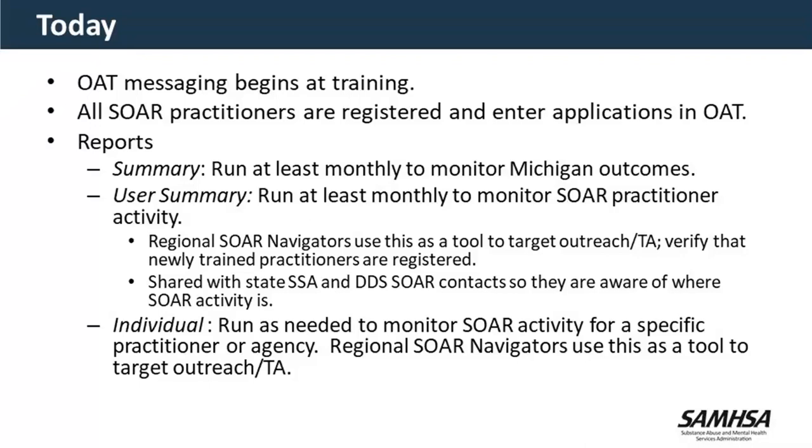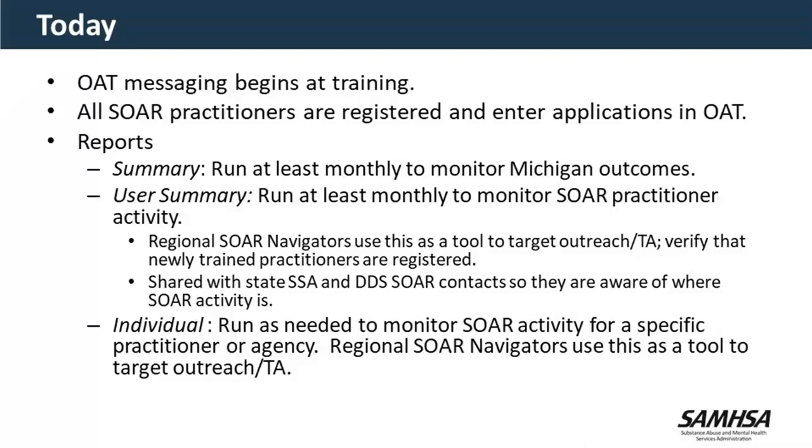So they have an understanding of, okay, this year we have submitted 250 applications. We have about a 75% approval rate, and we're getting our decisions in about 84 days. So they know what to expect as far as what the workload of SOAR cases will look like and how quickly we're getting decisions on the applications being submitted.